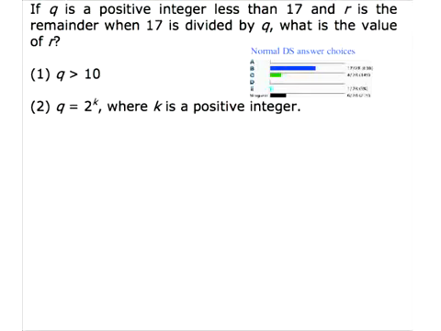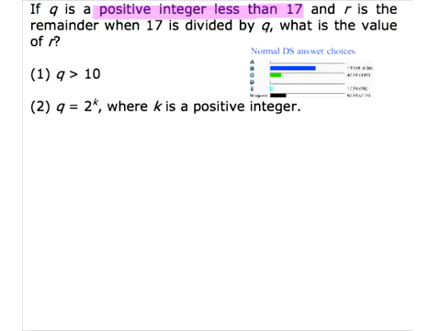Okay, so this one, if q is a positive integer less than 17. In other words, there's not a lot of possibilities. Another major lesson here doesn't really have anything to do with remainders either.